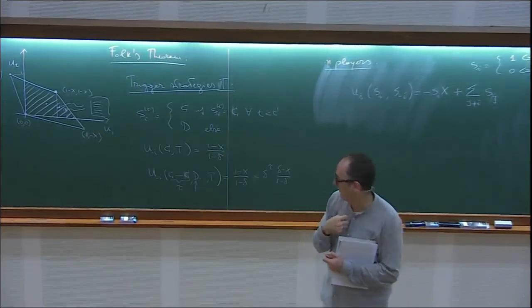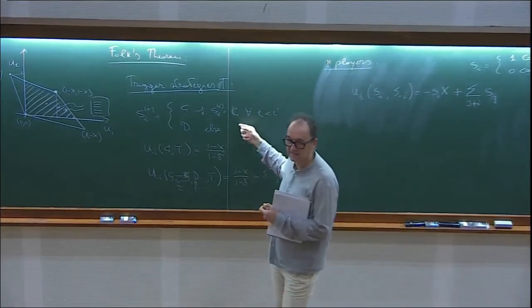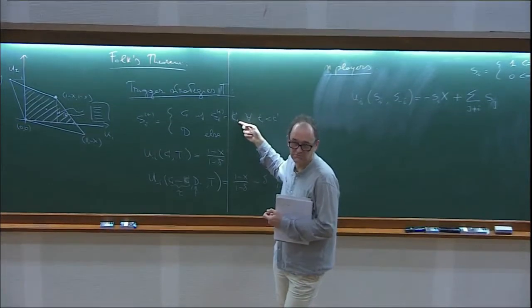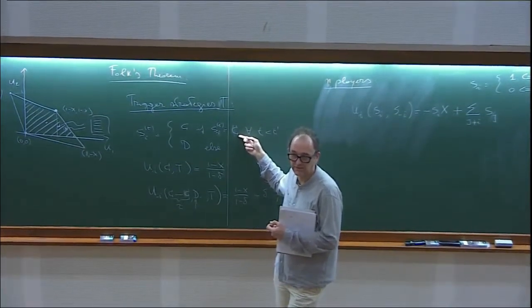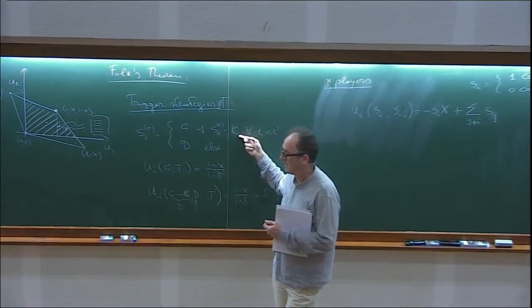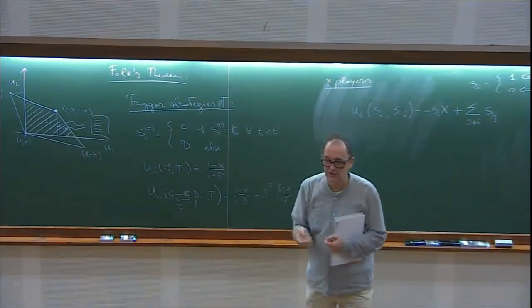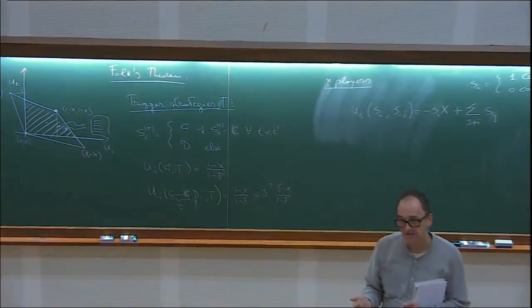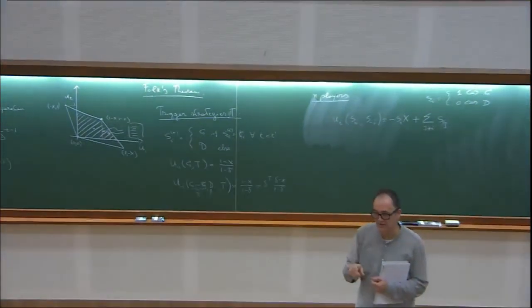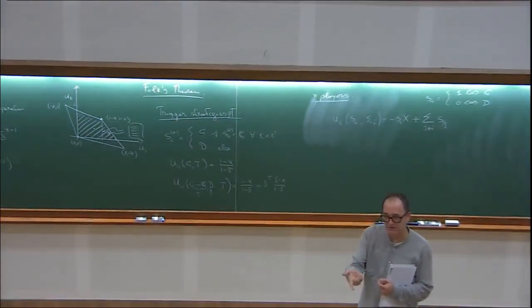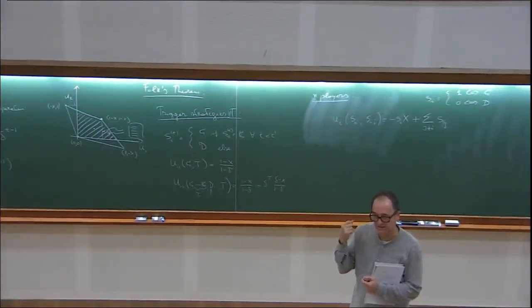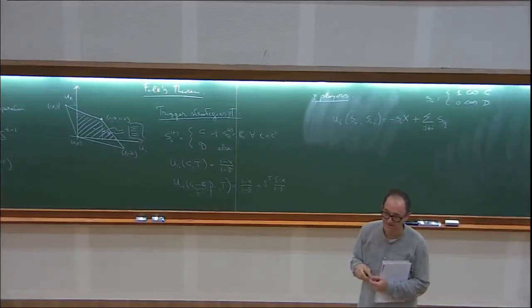And if tit for tat is playing against this strategy, it will also cooperate forever, right? Now, there is another strategy which is called tat for tit. I start defecting, and then I do whatever you did last time, okay?